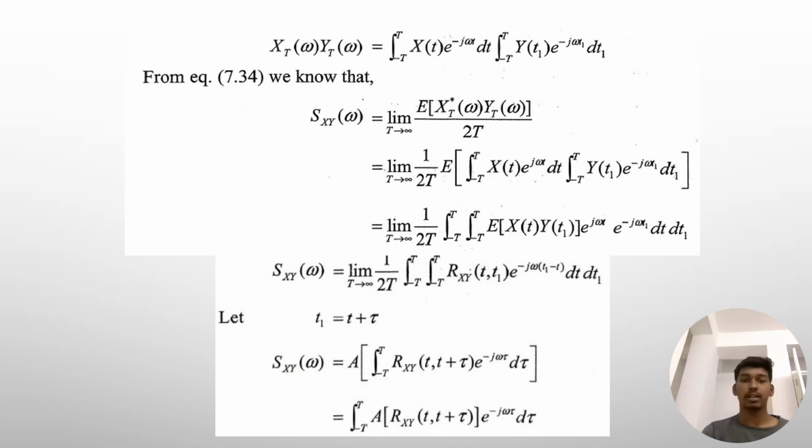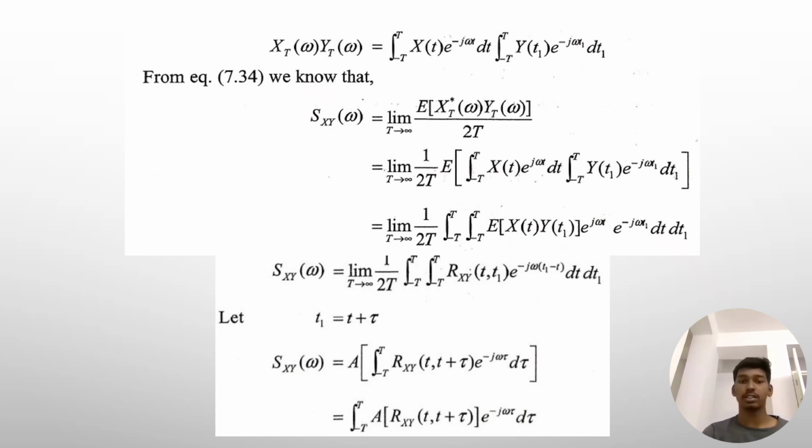Sxy of omega is equal to the limit as T tends to infinity of 1 by 2T times the expectation of the conjugate term XT times the YT term, that is the integral from minus T to T of x of t1 e power j omega t1 dt1 and the integral from minus T to T of y of t2 e power minus j omega t2 dt2.